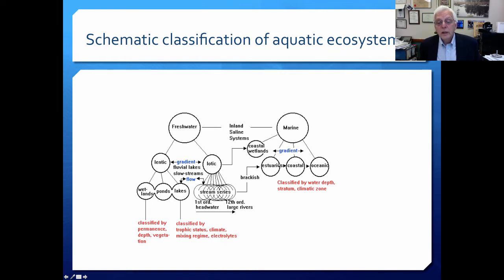We have this gradient between brackish coastal estuaries, coastal zones that receive stream and river input, and then oceanic systems. And these are usually classified by water depth, stratum, and climatic zone. So that's another way of looking at the great variety of aquatic ecosystems that exist on Earth.